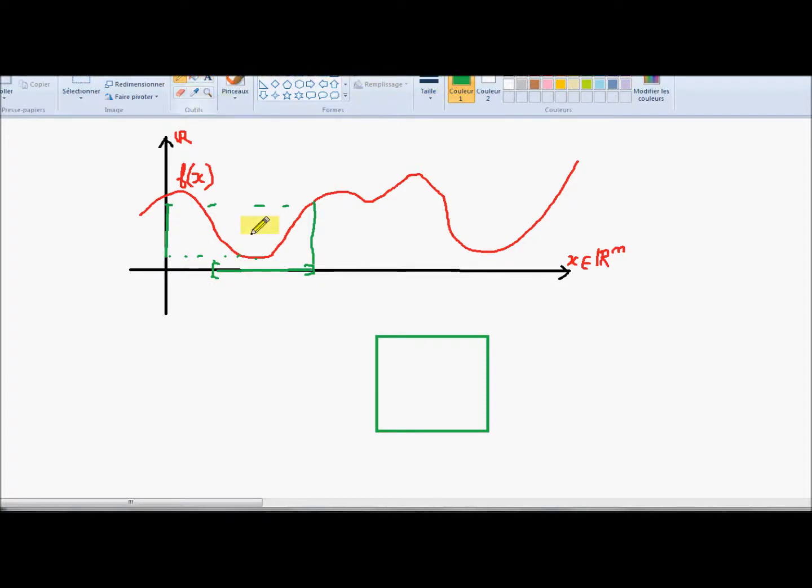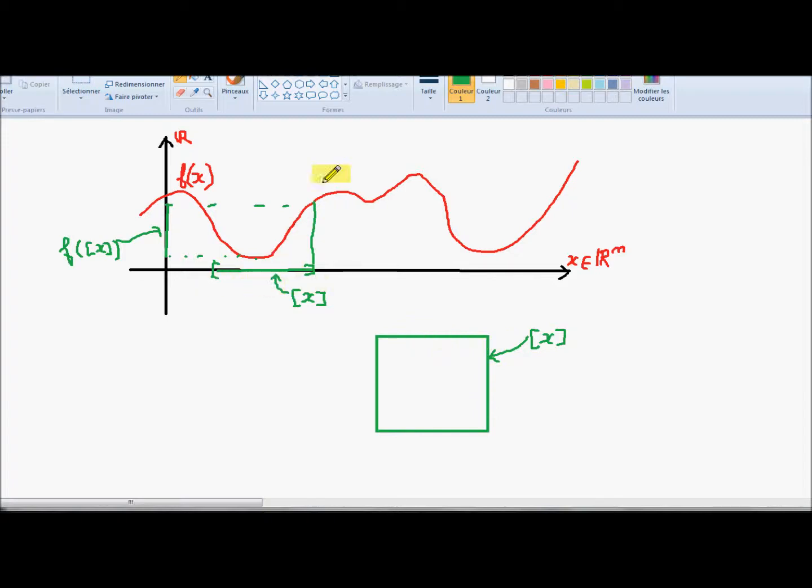This interval or box will be denoted by brackets like this, [x], and this one is the image of the box [x]. For higher dimension, it will correspond to a box instead of an interval as here.